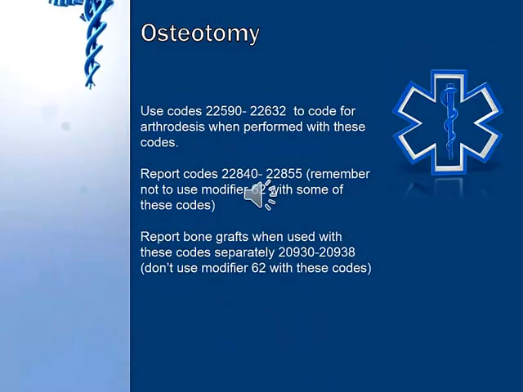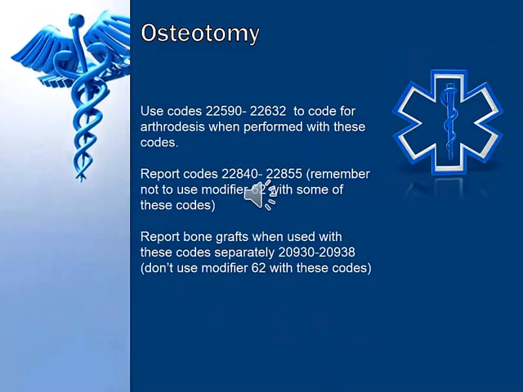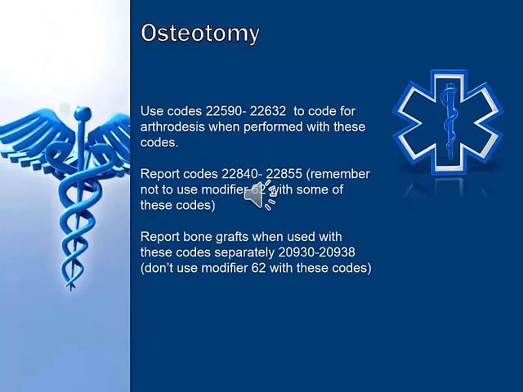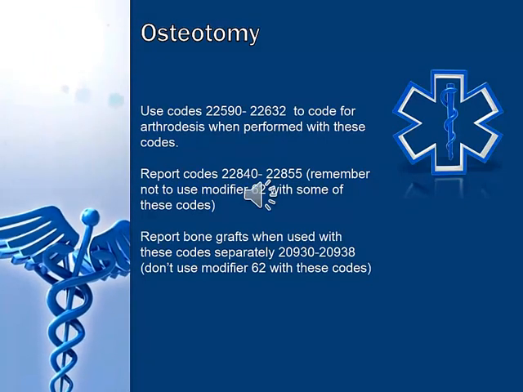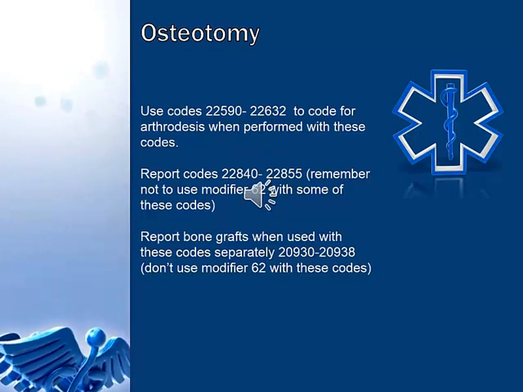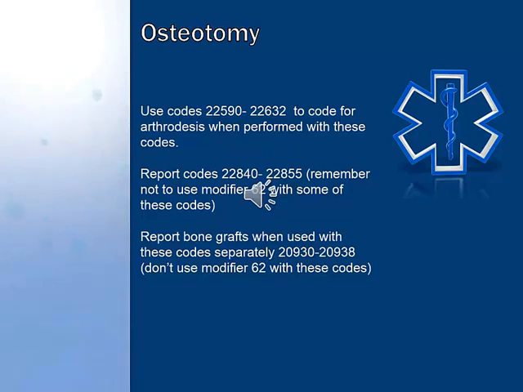Okay, let's talk about coding for osteotomies. You're going to use codes 22590 to 22632 when arthrodesis are performed with these codes. Okay, a modifier 51 may be needed. You're going to report codes 22840 to 22855 for instrumentation when used during these procedures, the osteotomy procedures.